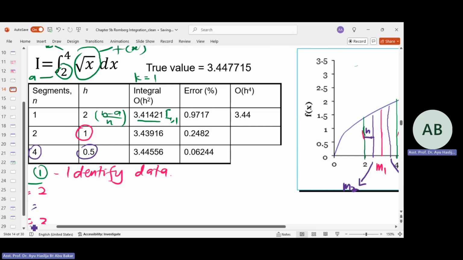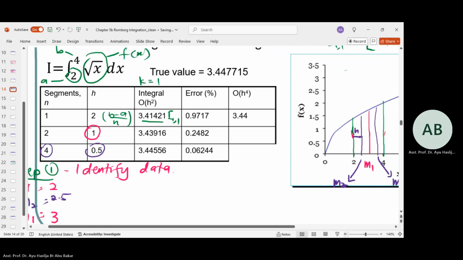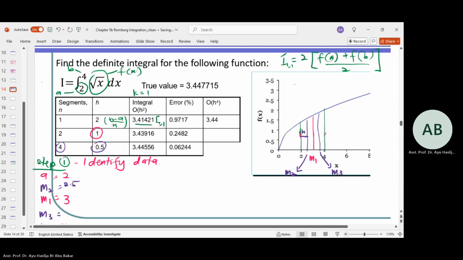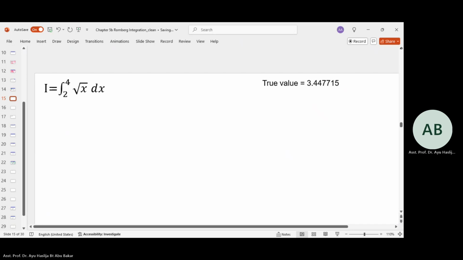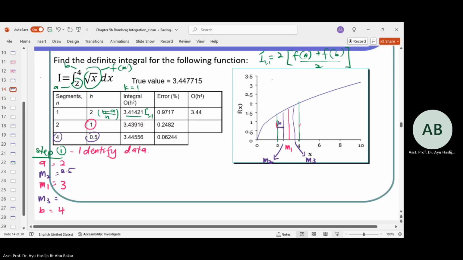So your M2 is 2 plus 0.5, 2.5. So M3 would be 3.5.